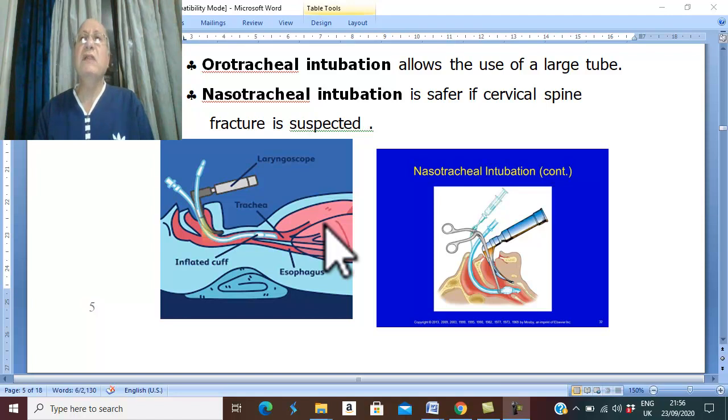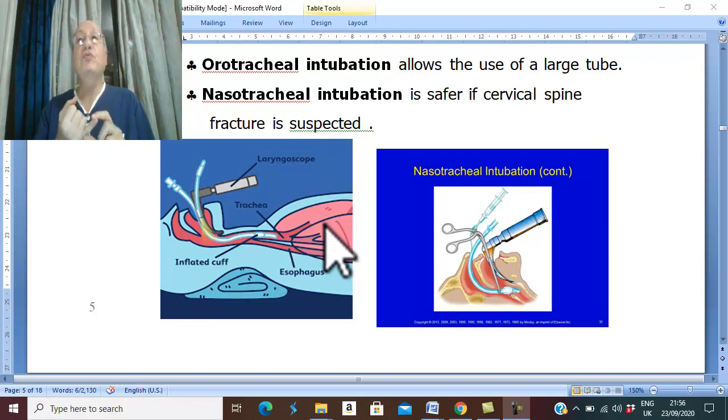Why in closed head injury do we use the endotracheal tube or tracheal intubation? To allow mechanical ventilation and to allow hyperventilation. Hyperventilation leads to decreased carbon dioxide tension in the blood, and decreased carbon dioxide tension in the blood leads to decreased intracranial pressure.